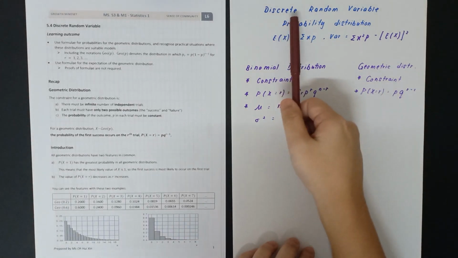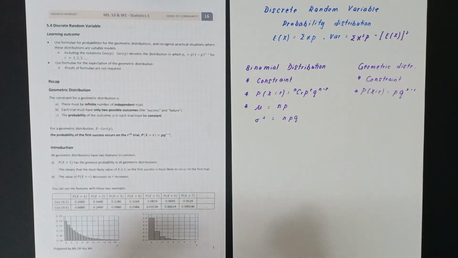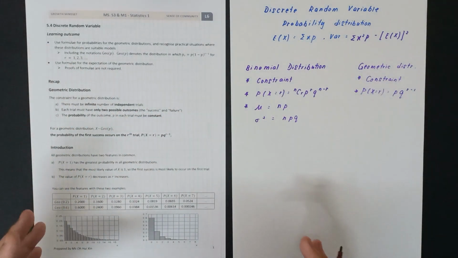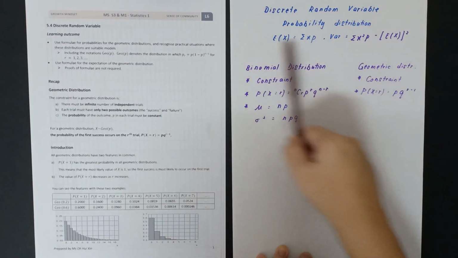When we learned about discrete random variable, we didn't have any constraint. We learned it as a general idea: a variable that can randomly occur, and as long as it's discrete data, we can put it in a probability distribution. So this is like a big idea.